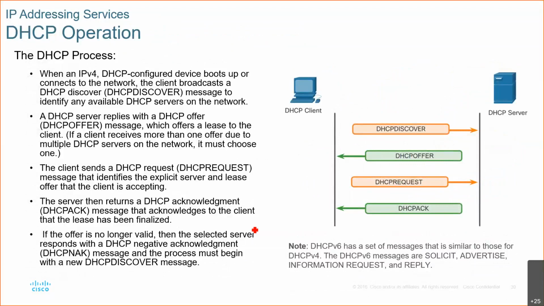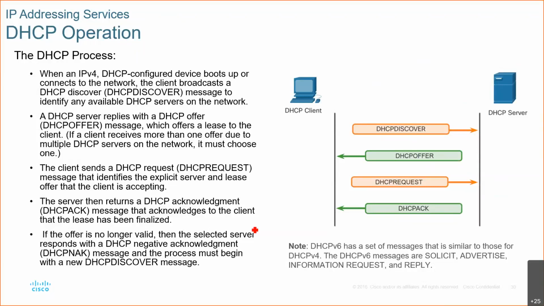Usually the procedure is that the client will send a DHCP discover request. Then the server will give a DHCP offer, and the client will give a DHCP request, which will be followed by the server giving a DHCP acknowledgement.